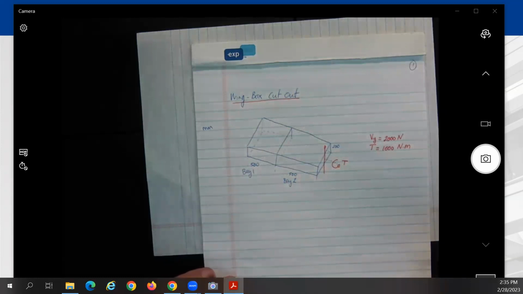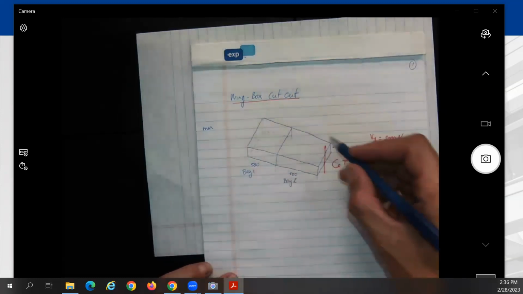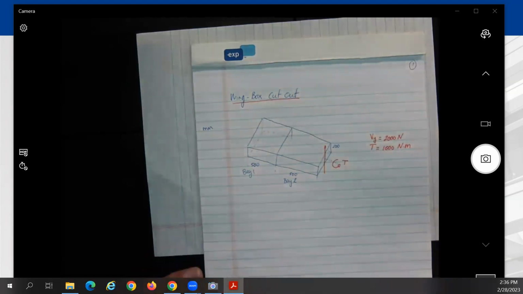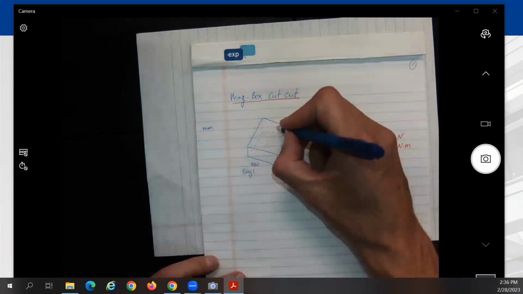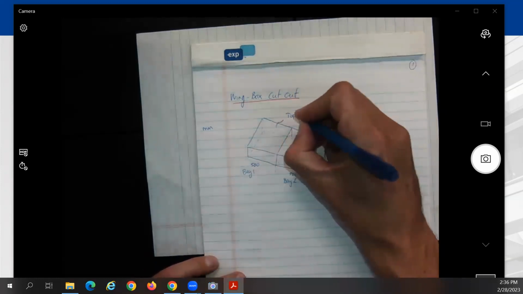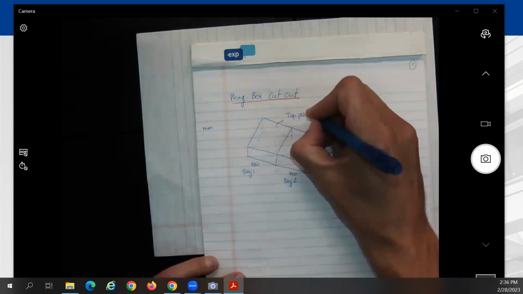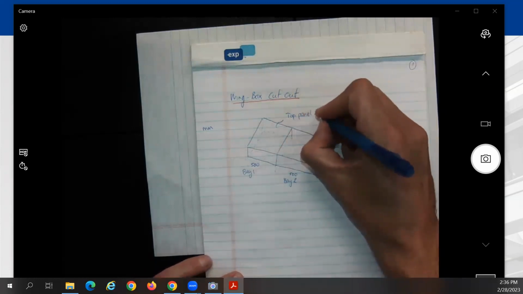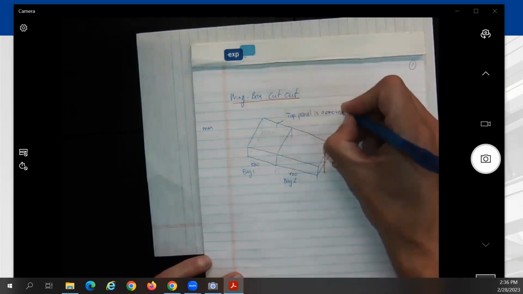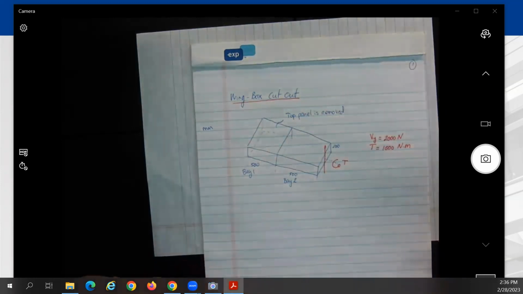And now comes the important piece of information. This is a wing box. These could be all different parts, or they can be welded. But over here, we're going to remove the top panel. So what is that going to do?